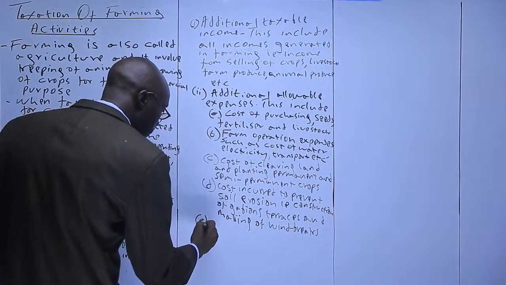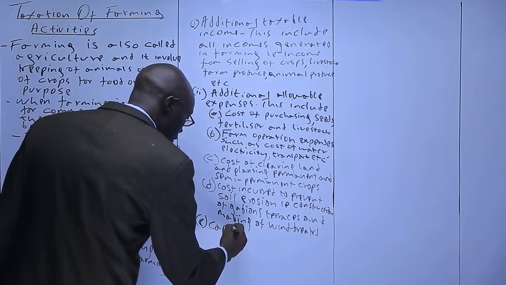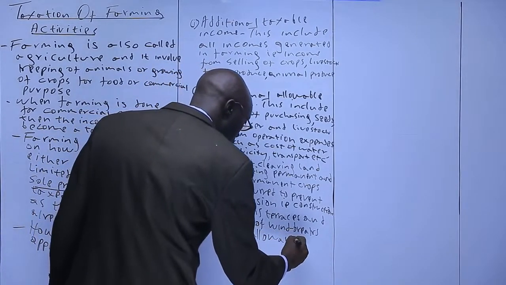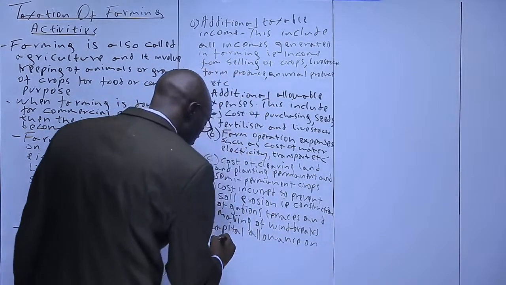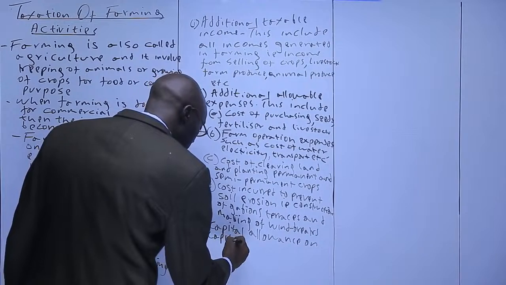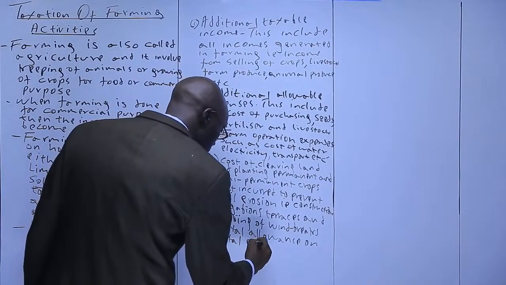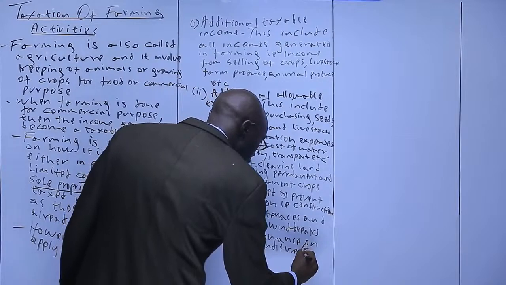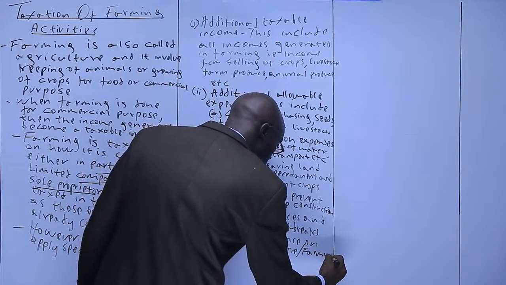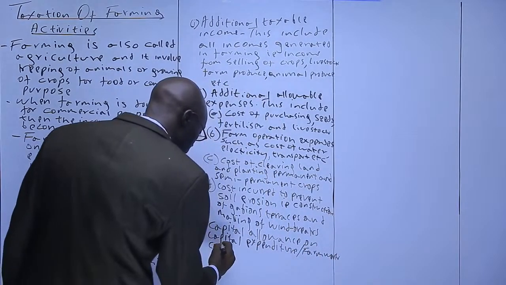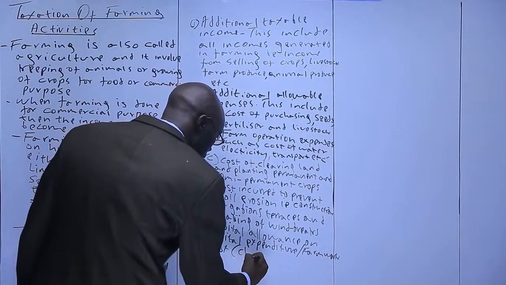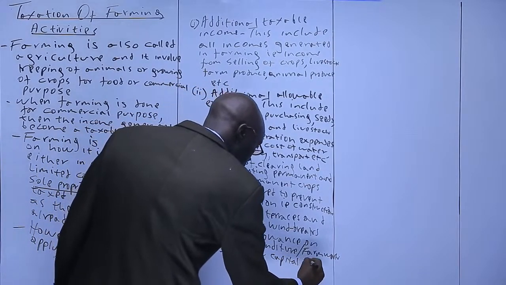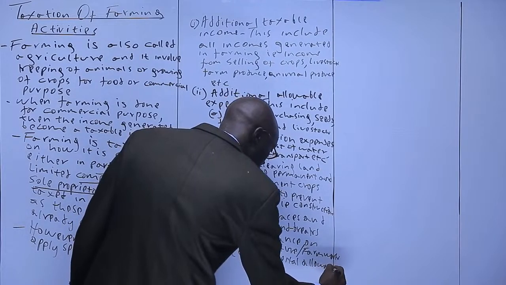The last one, capital allowance on capital expenditure or farm work costs. This one, check capital allowance computation.